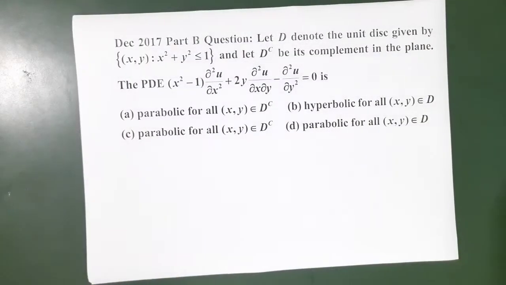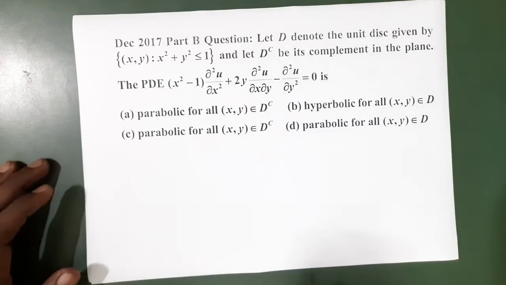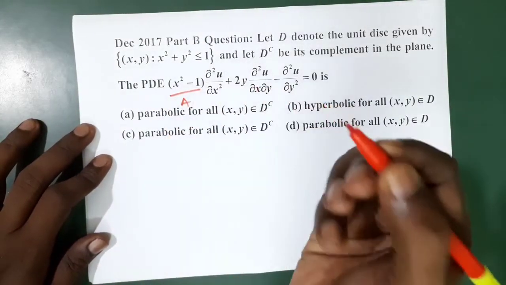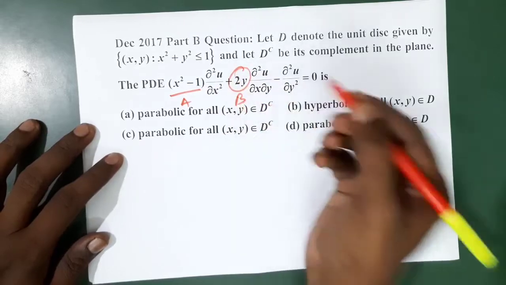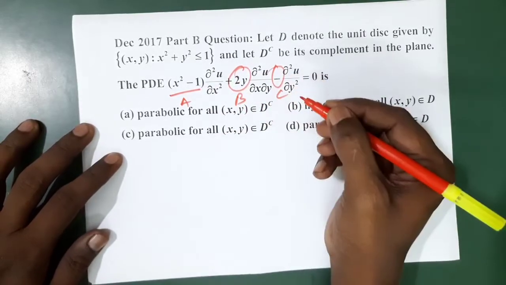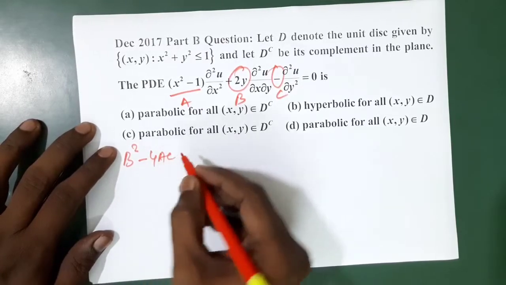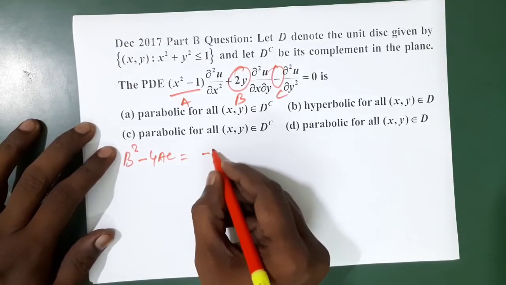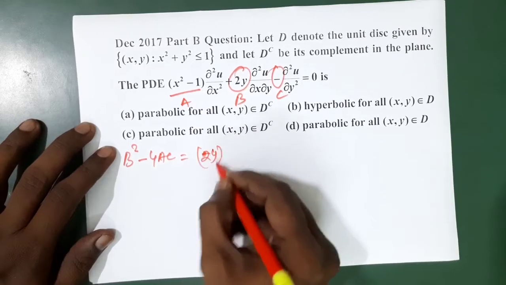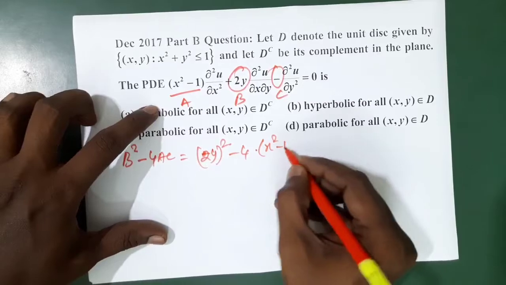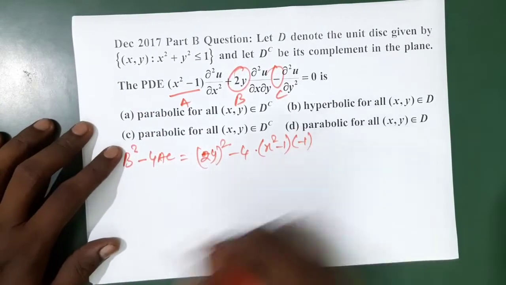Next problem, the same type of problem. Classification only. Comparing with the first, here A is equal to this, B is equal to this, C is equal to minus 1. So what is the discriminant? B square minus 4AC: 2y whole square minus 4 into A, x square minus 1, minus 1.